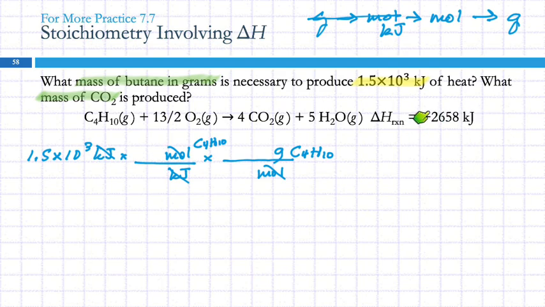But we're going to use this for the reaction as written, even if it seems weird. So we've got 1 mole of butane and negative 2658 kilojoules. And then we're going to need the molar mass of butane. Just going to do that real quick. 58.12.